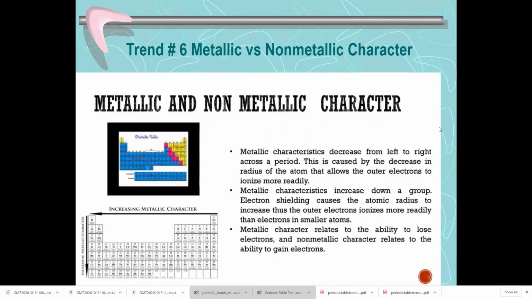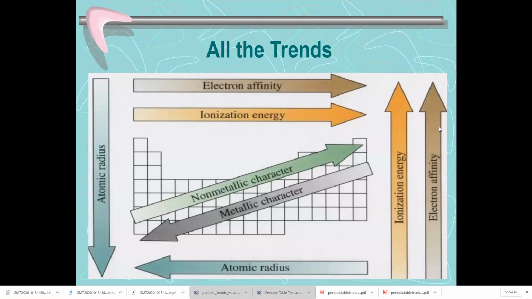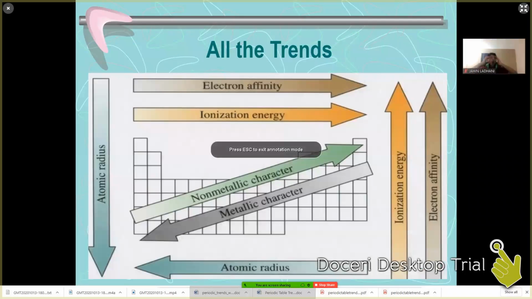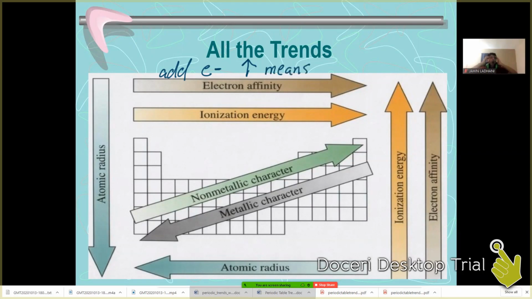All right, so the last on this slide right here, at the top on the last page of your notes, is kind of most of the trends put together. Remember, electron affinity and ionization energy are almost opposite of each other. Electron affinity is to add an electron, and as it increases, that means it's easier.